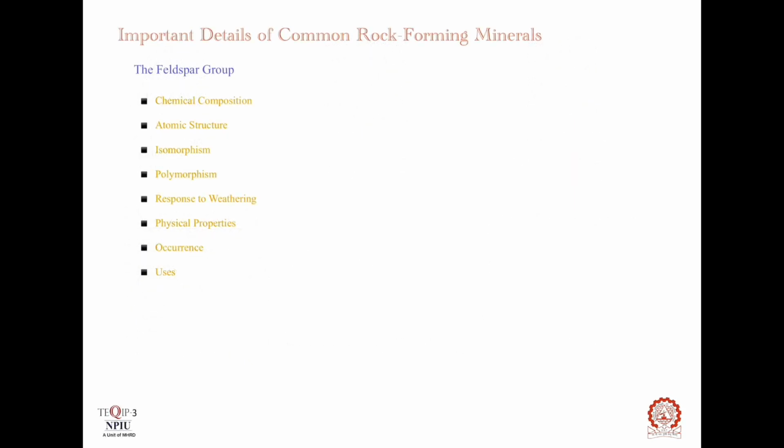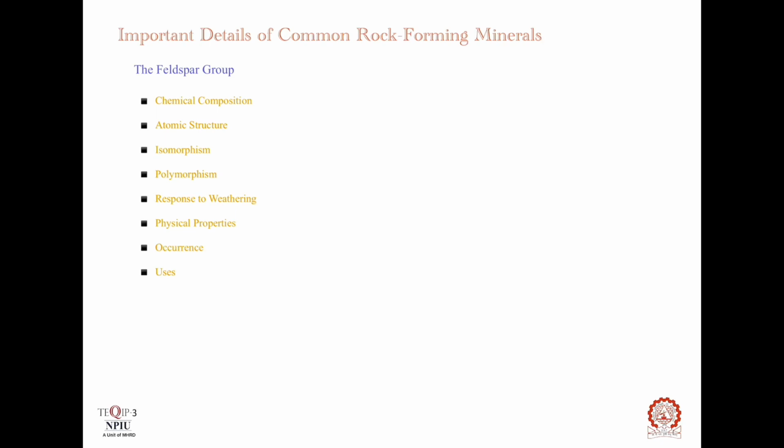The other aspects of silicate minerals, that is isomorphism, polymorphism, saturated and unsaturated minerals, felsic and mafic minerals, all these we have already discussed in the previous lecture. So we directly come to the details of common rock forming minerals. Let's start with the feldspar group.